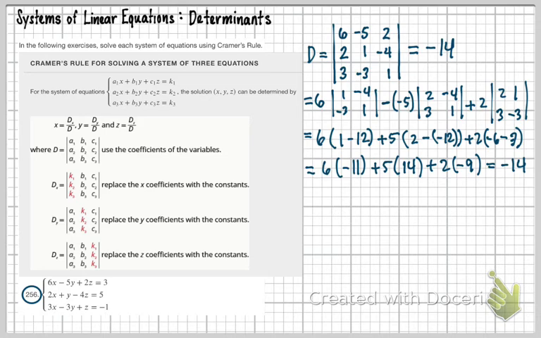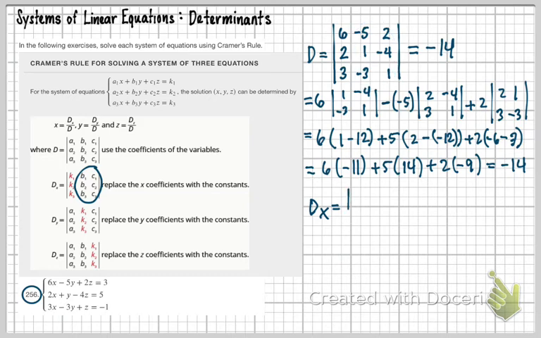So then my dx is going to equal, now remember what I'm doing here, I'm taking that number column, and that's going to be my first row because I'm in the x column here. And then my y and z columns are going to stay the same. So that's just going to come from where d is at. It's going to be those two columns that stay exactly the same.